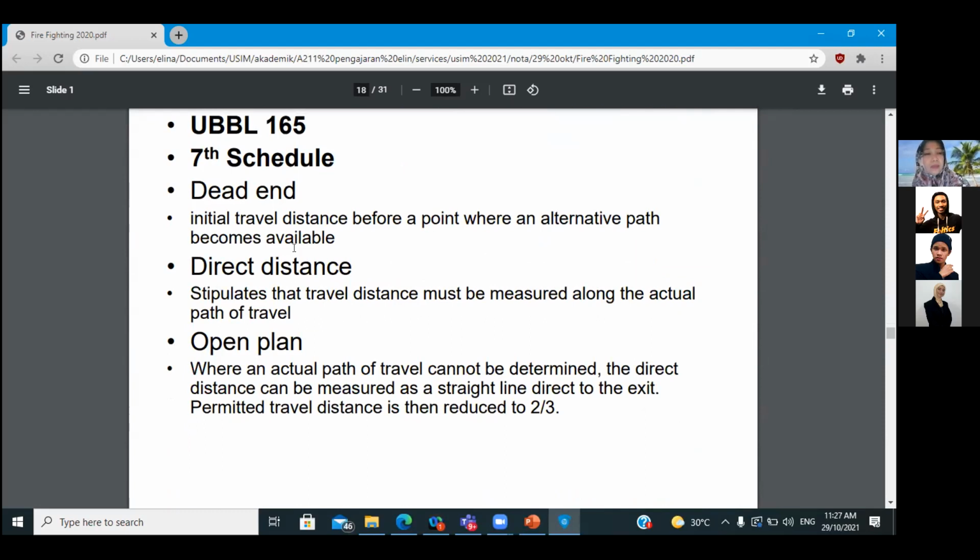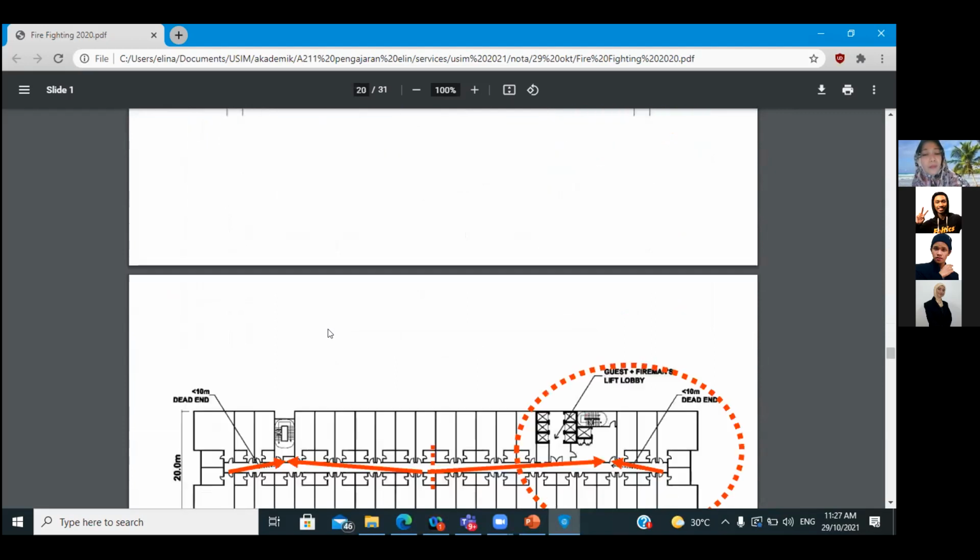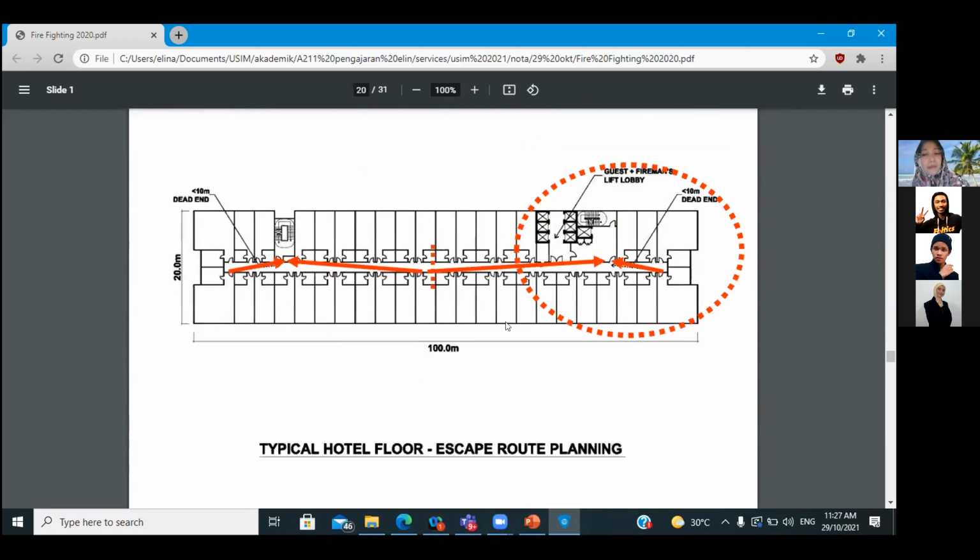These are the terms that you must be familiar with: dead end, direct distance, open. This is dead end, meaning that there is no more corridor, no more exit. You must depend on the lobby, lift lobby or fire staircase. So dead end here is from the last door to the nearest fire door.